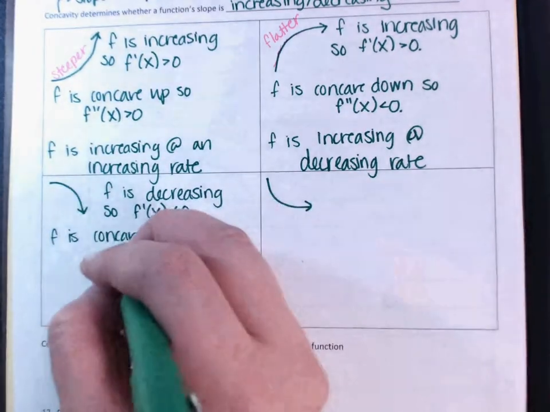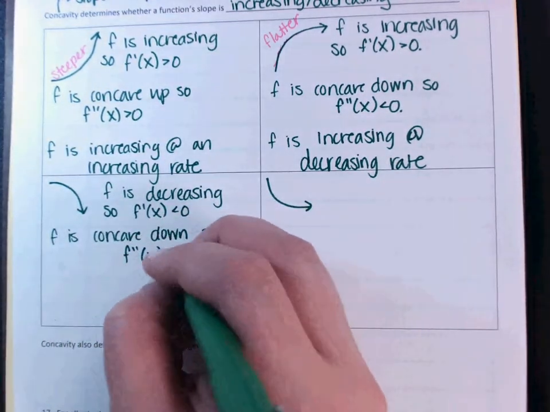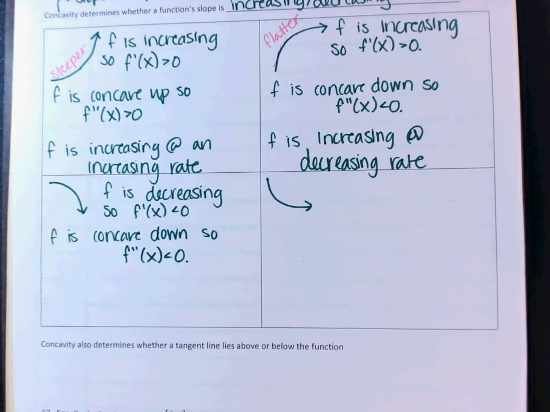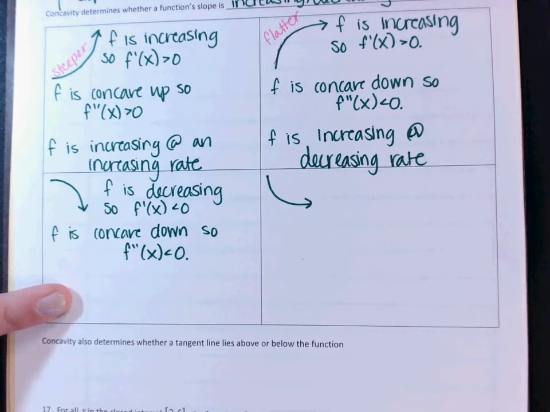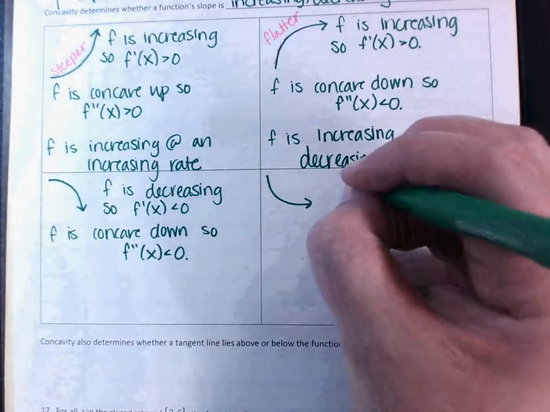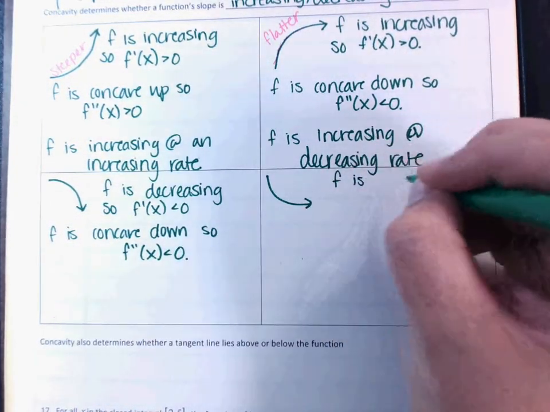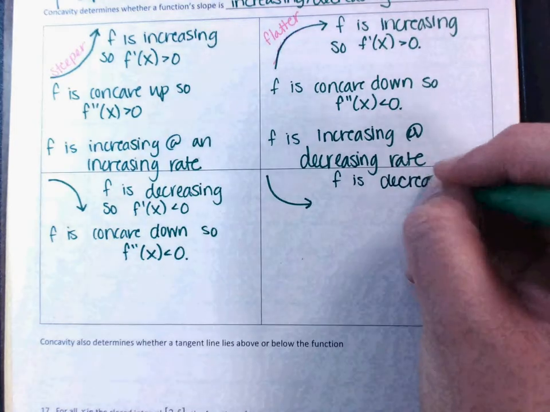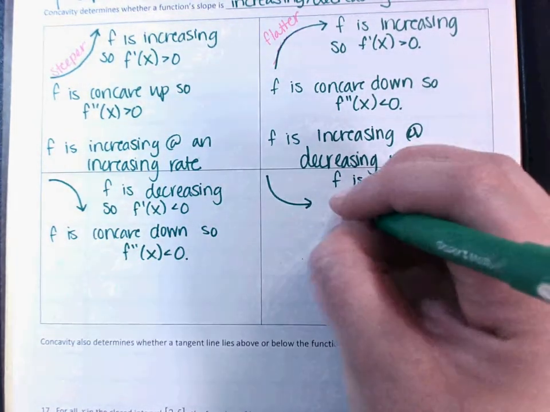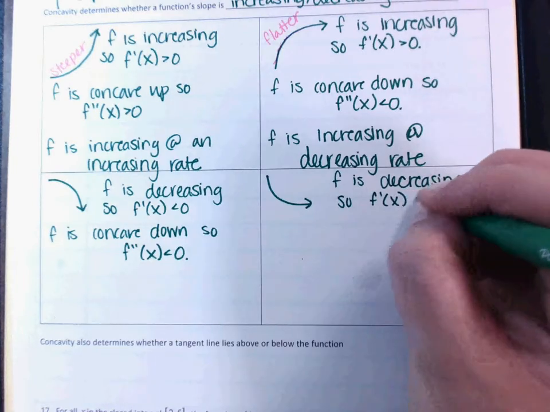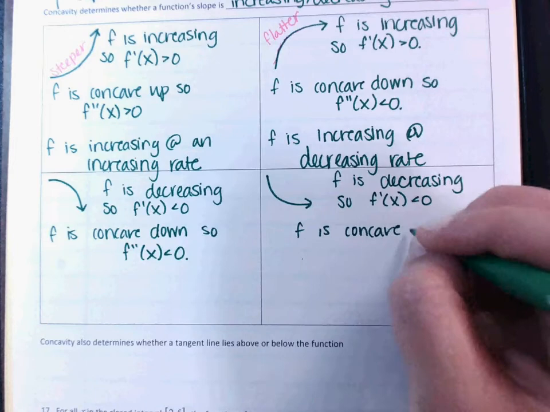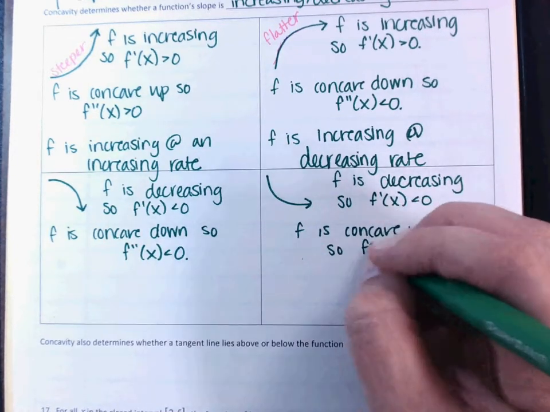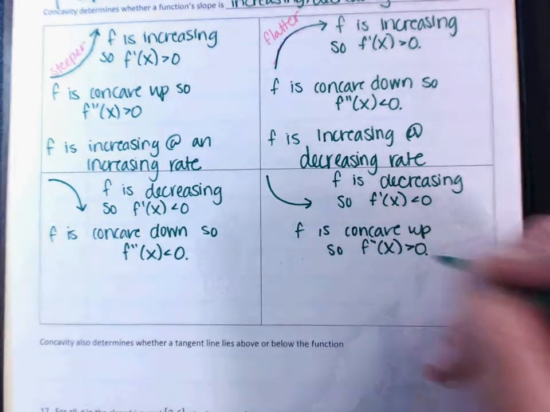So F double prime is also less than 0. Okay, we're going to skip this last statement for right now. Don't write anything here. Okay, go over to the graph next to it. What would you put? F is what? Decreasing. So f prime is less than 0. But f is concave up. So f double prime is greater than 0.